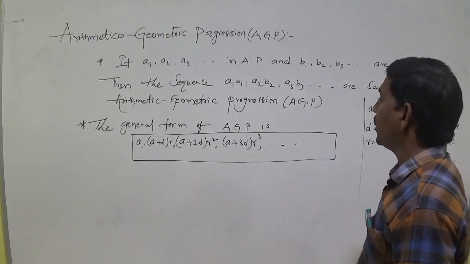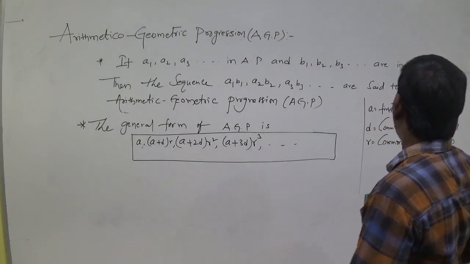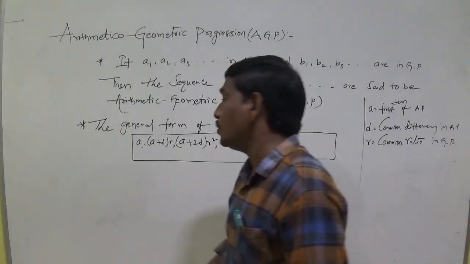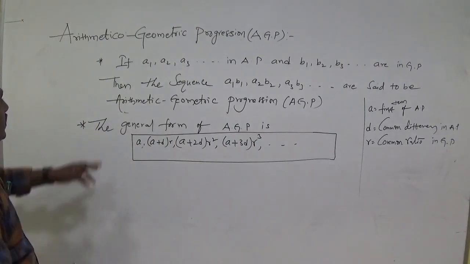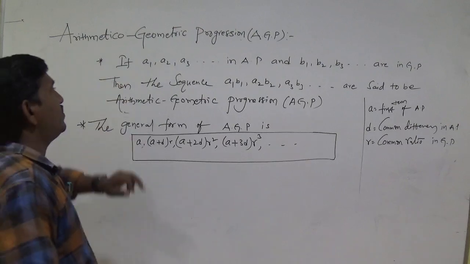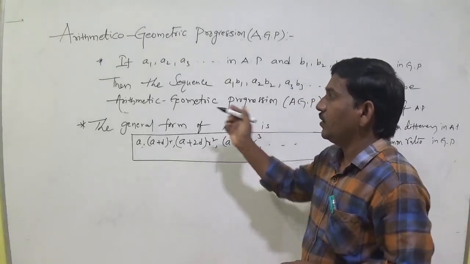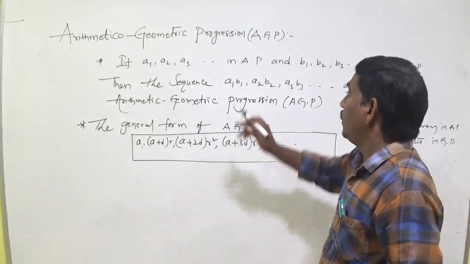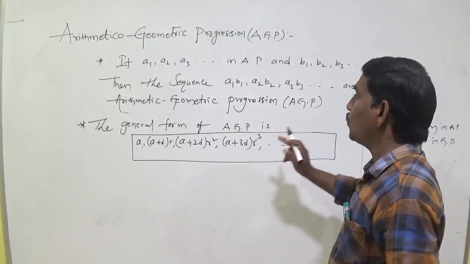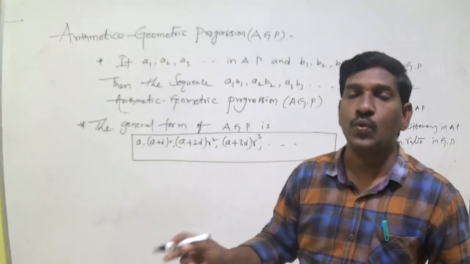Once again, if a1, a2, a3 and so on are in AP and b1, b2, b3 and so on are in GP, then the sequence a1 b1, a2 b2, a3 b3 is said to be an arithmetic-geometric progression.